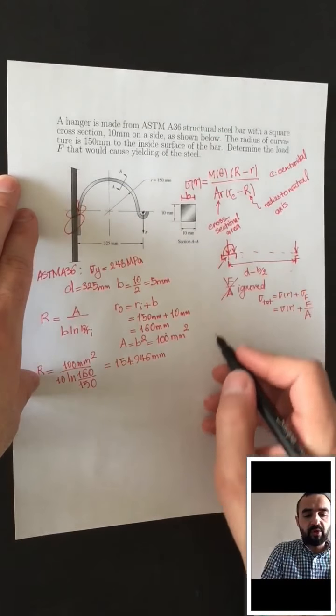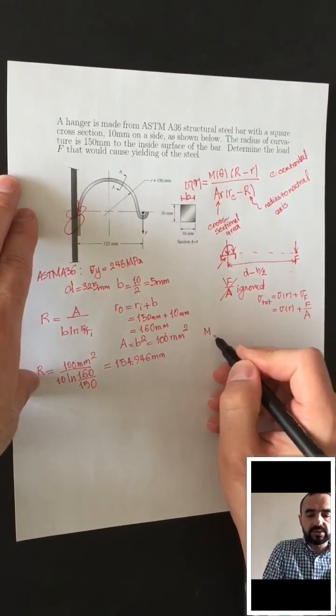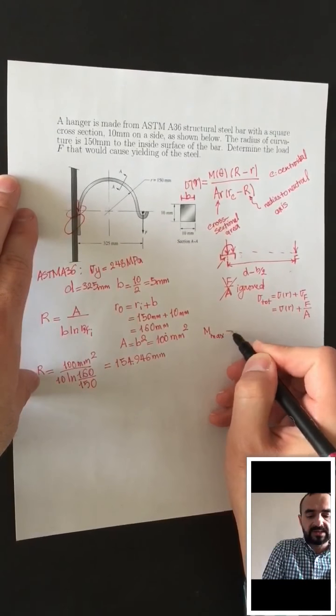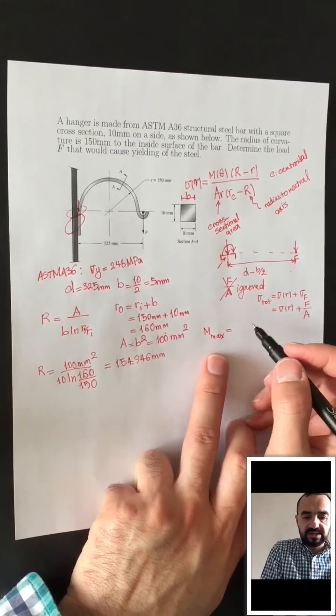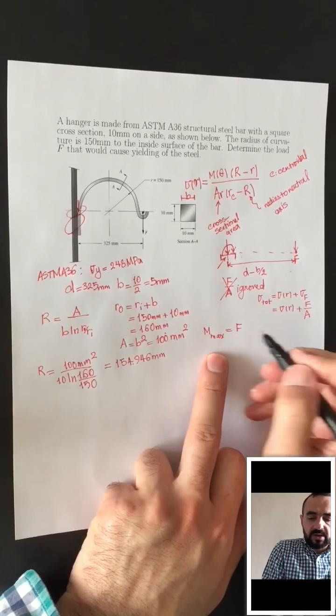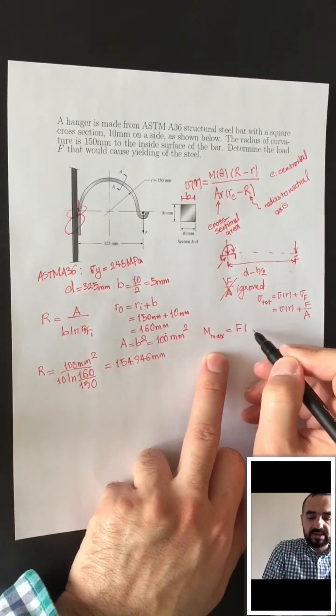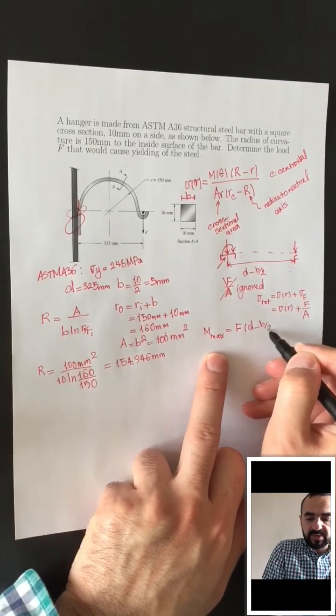And then once you have the radius of the neutral axis, you can go back to this relation. Sorry, before doing that, you need to compute M max. For M max, we have the distance and we have the force. Our force is unknown, obviously. The distance is d minus b over 2.